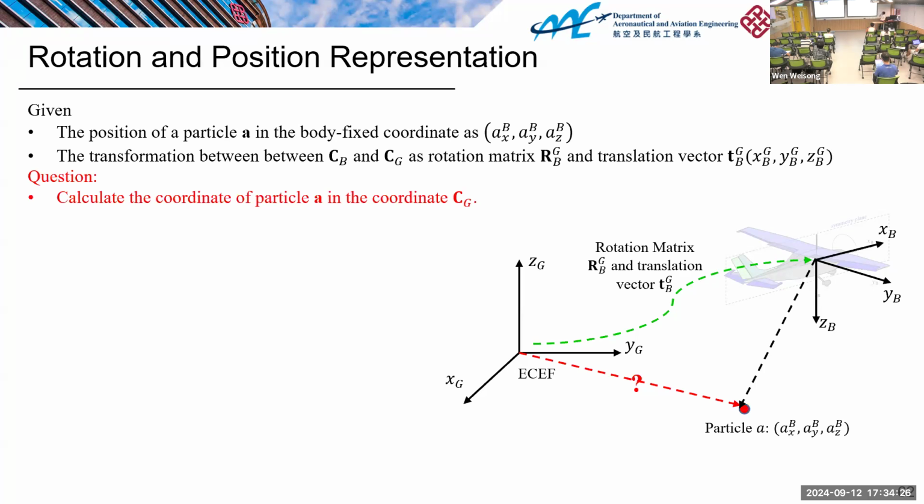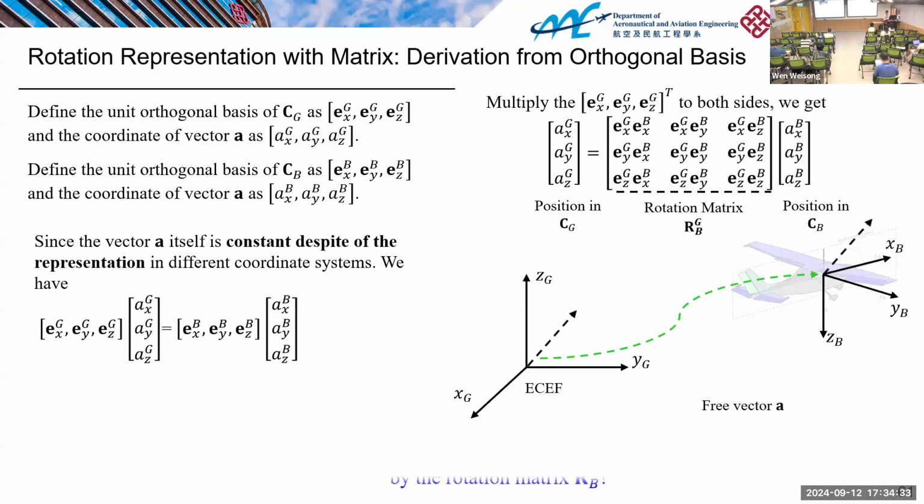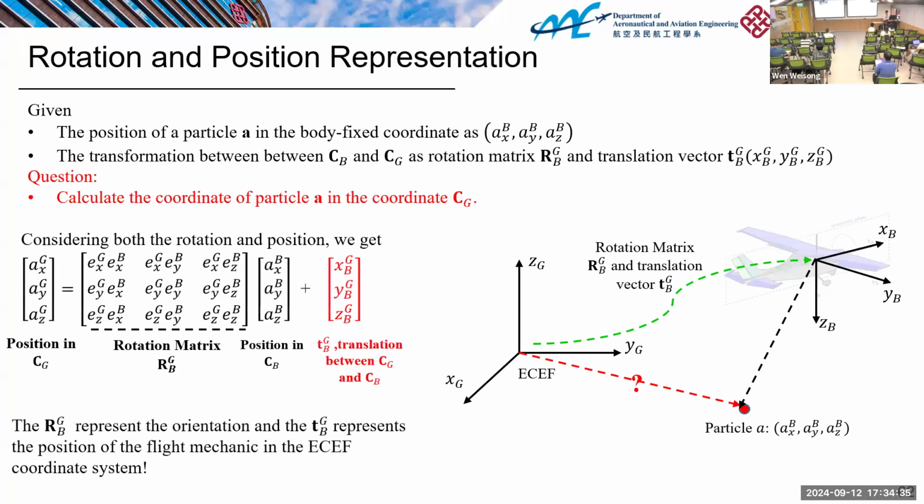So how do we calculate the coordinates of a particle A in coordinate G? This is going to be quite straightforward. For example, this is the coordinates of these points in the ECEF frame.